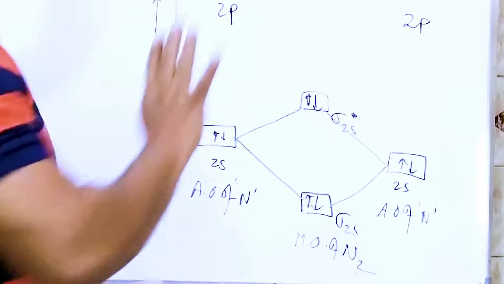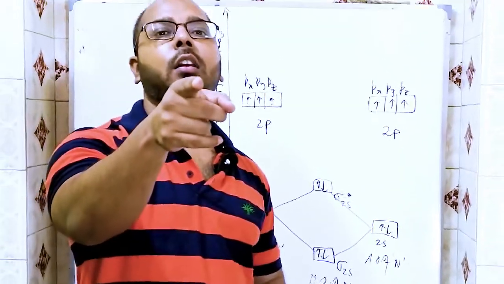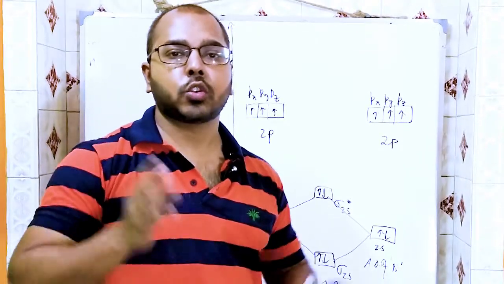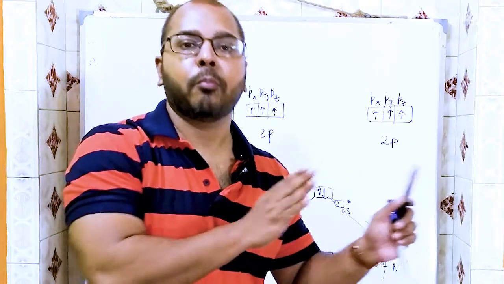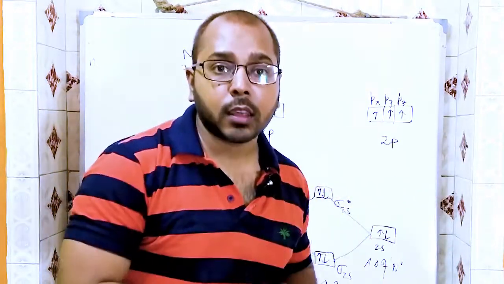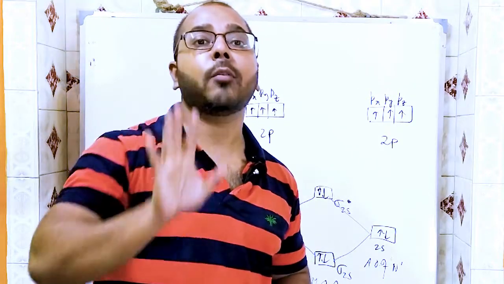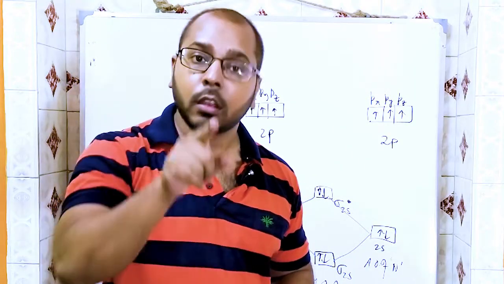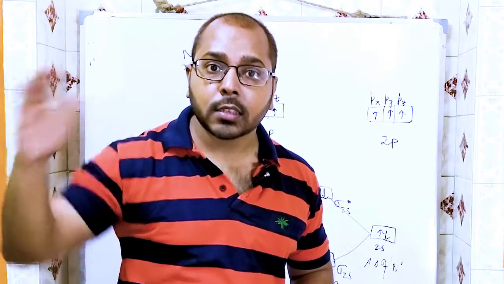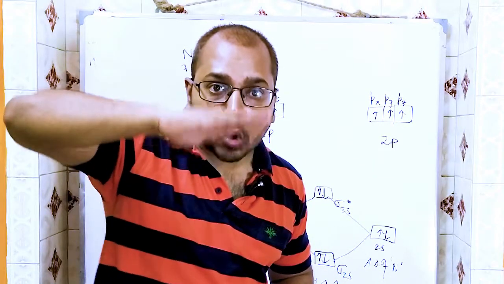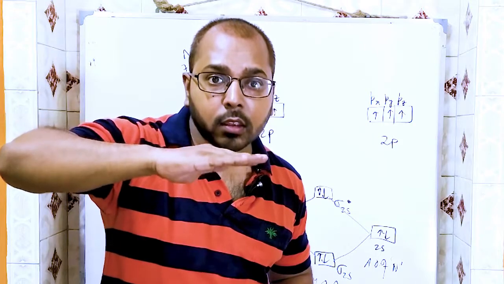Now again I am considering the x-axis as our bonding axis. So px, px are going to form sigma, py, py form pi, pz, pz form pi. And between sigma and pi, which one is more stable? Sigma is more stable, so in the oxygen case, sigma bonding will have lower energy than pi bonding.